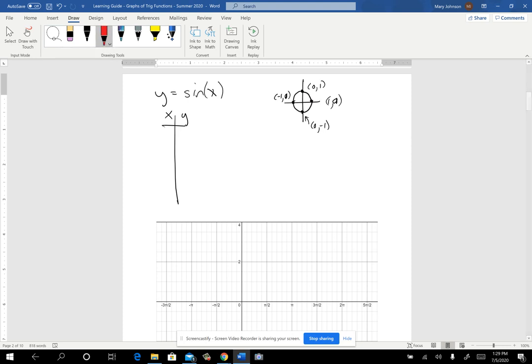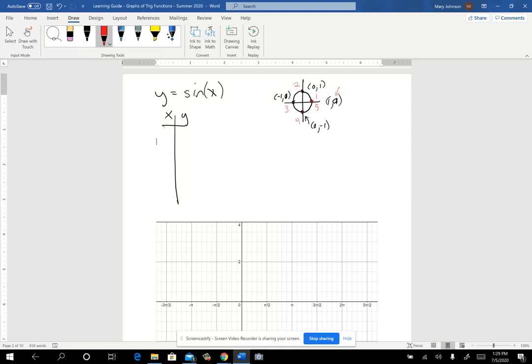All right, so this would be 1, this would be 2, this would be 3, this would be 4, and then when we get back around here, that would be the 5th point. And remember, if you're on a unit circle, the y-coordinate of the ordered pair would give you the value of the sine function, okay?